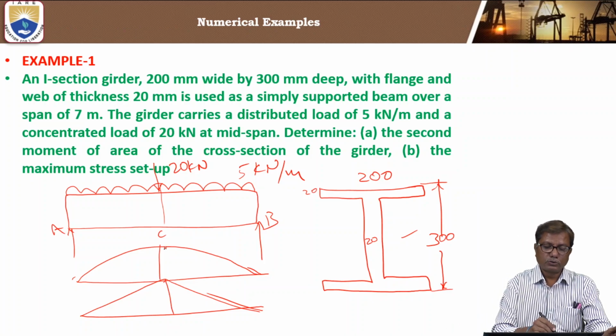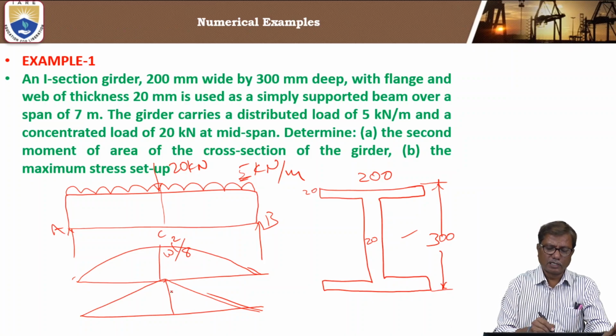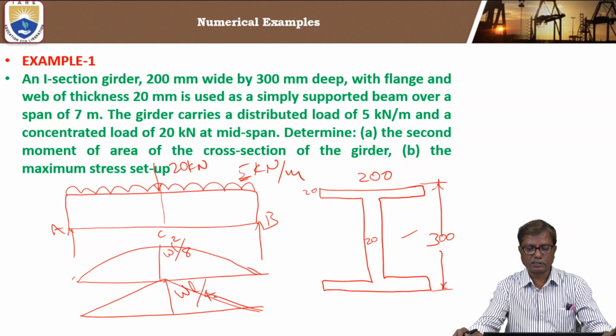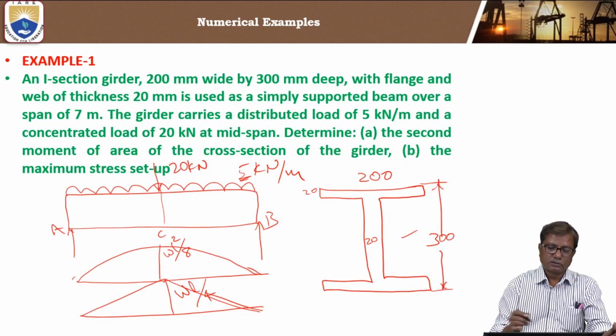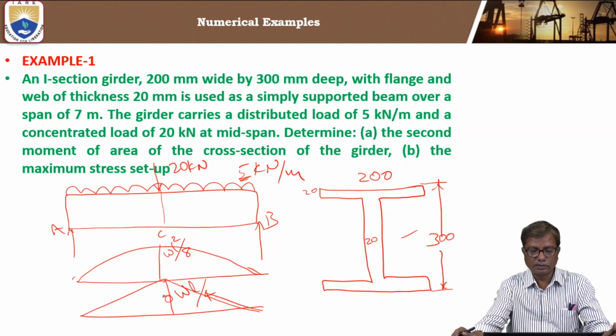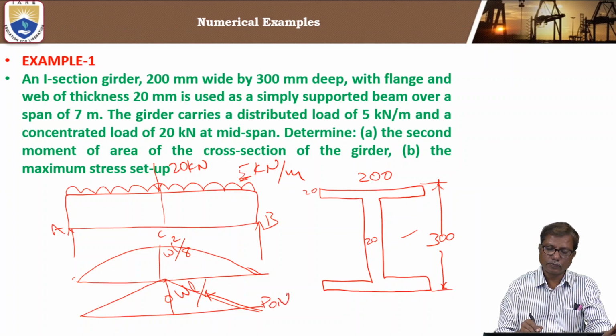Due to UDL, the maximum bending moment at midspan is WL squared by 8, where W is the intensity of UDL, and due to the point load, the maximum bending moment ordinate will be WL by 4. This is due to the point load and this is due to UDL.